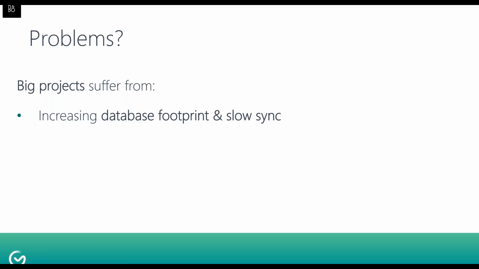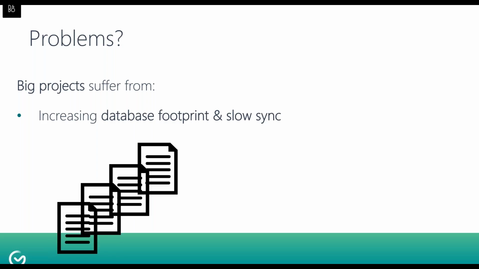There are currently 2 main problems that we are seeing with big projects that are running Resco Inspections. One of them is rapidly increasing database footprint, which also leads to a slow synchronization. Why is this happening? Well, this is usually happening because our questionnaire database structure works as following.